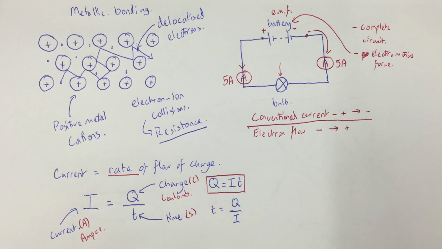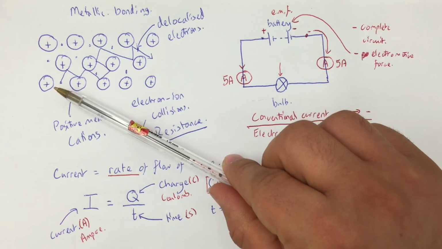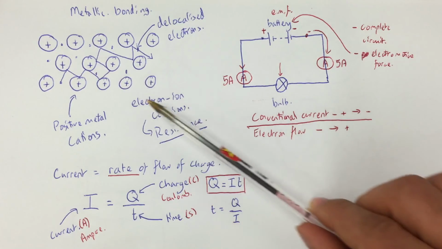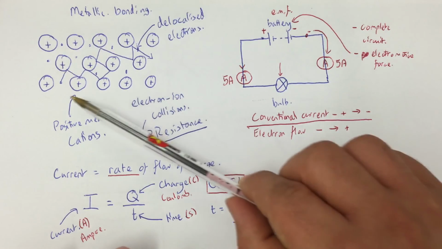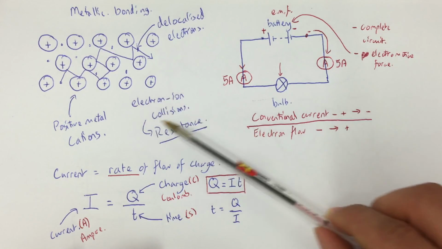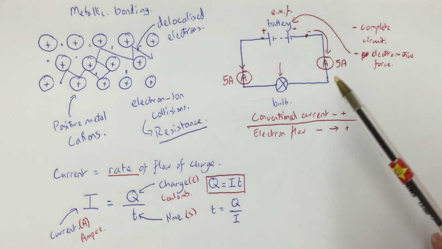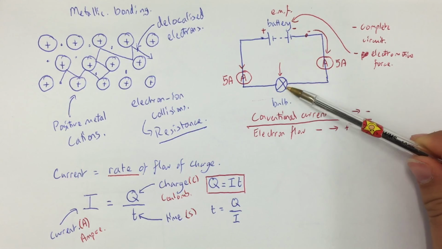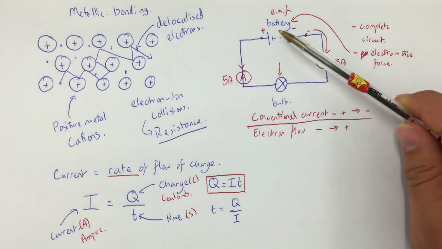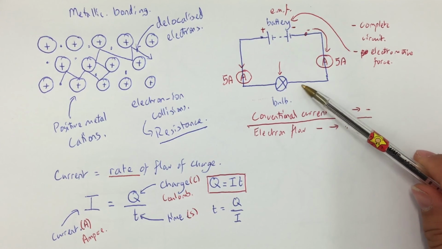So to summarise, current is the rate of flow of charge. It is how much charge is flowing through a circuit at any one point. The electrons themselves travel very quickly, but the rate at which the electrons travel through the wire is very slow because of electron-ion collisions. However, I will just point out that if I switch my battery on, there is no delay whatsoever between when I switch the battery on and when the bulb will light.